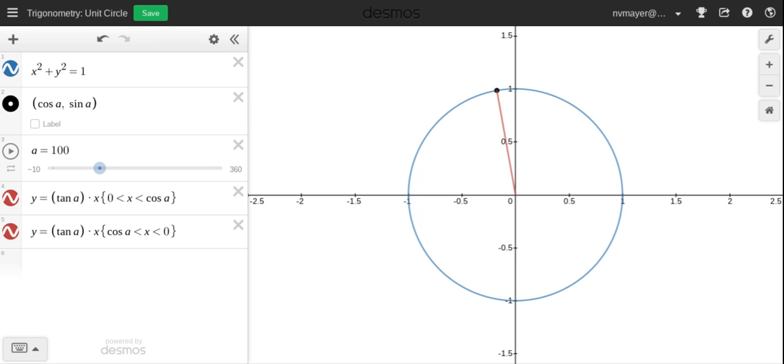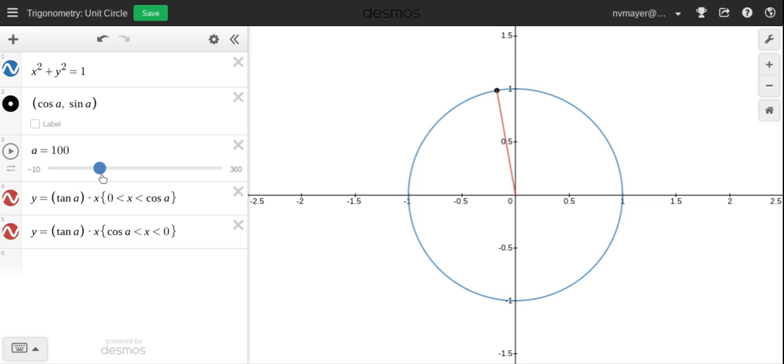So if you want to define the measurement of the related acute angle for this case, you ask yourself, how far away from 180 is 100 degrees? The answer is 80 degrees. So the related acute angle is going to be equal to 80 degrees. It's this one, okay? This smaller related acute angle is always acute.